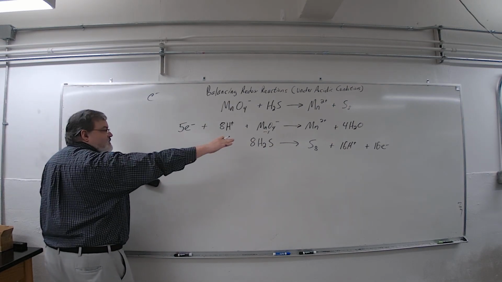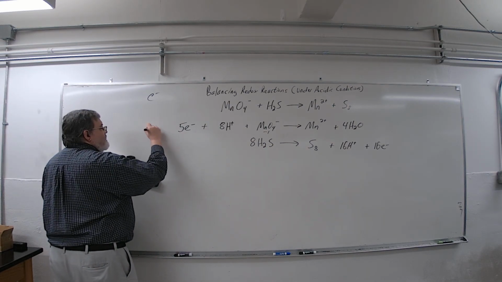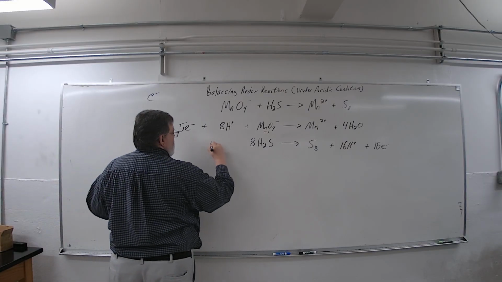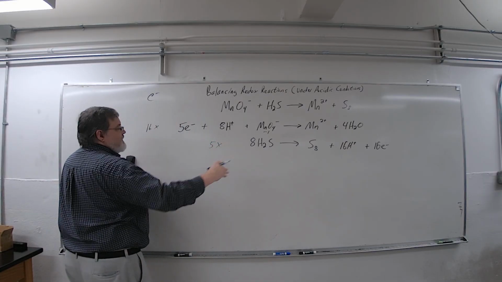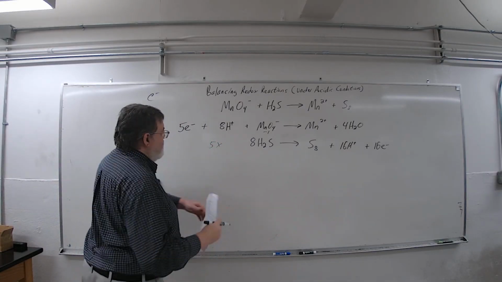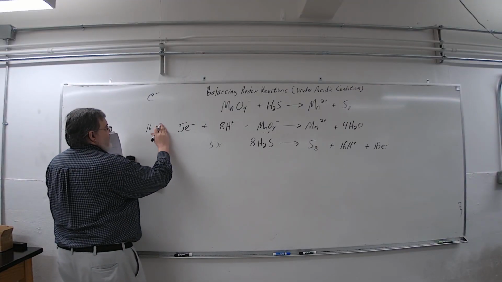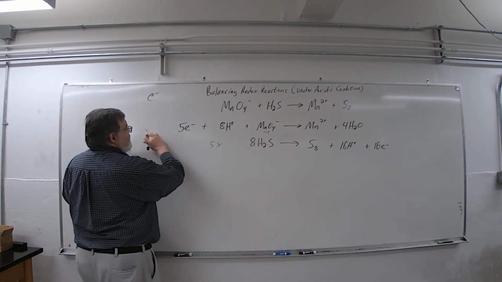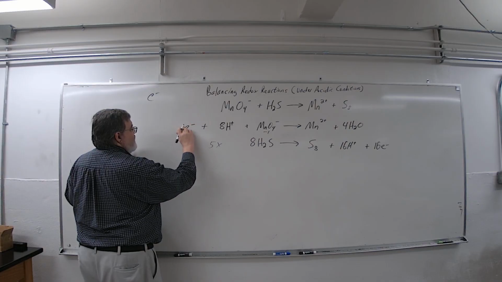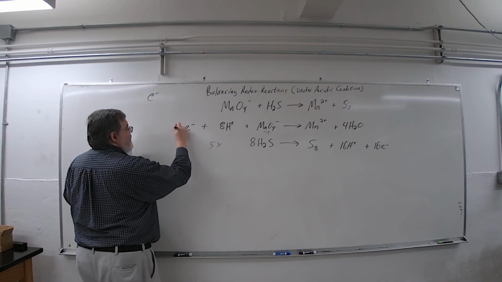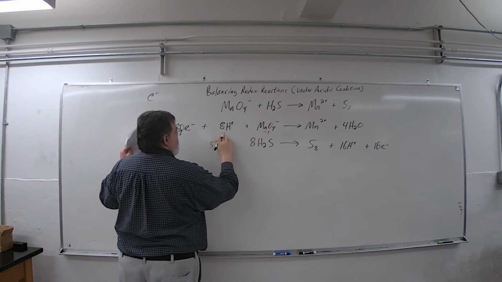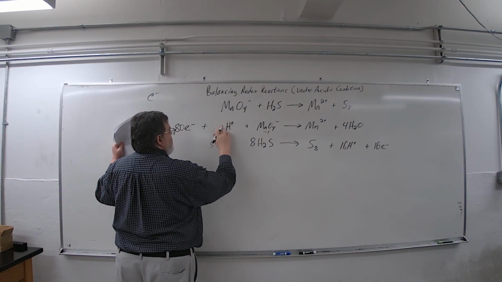So what do we multiply this by? 60. So we have to just do that again, right? This times 16 and this times 5. What's 16 times 5? 80. 5 times 8 is 40.